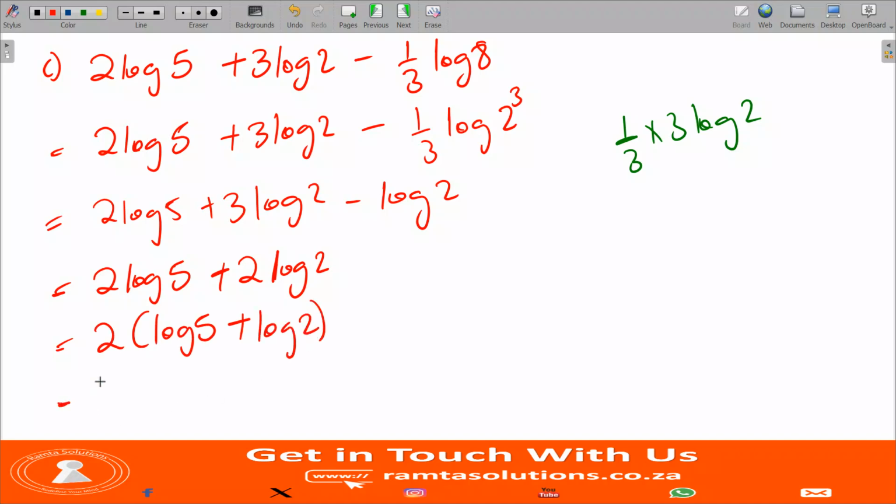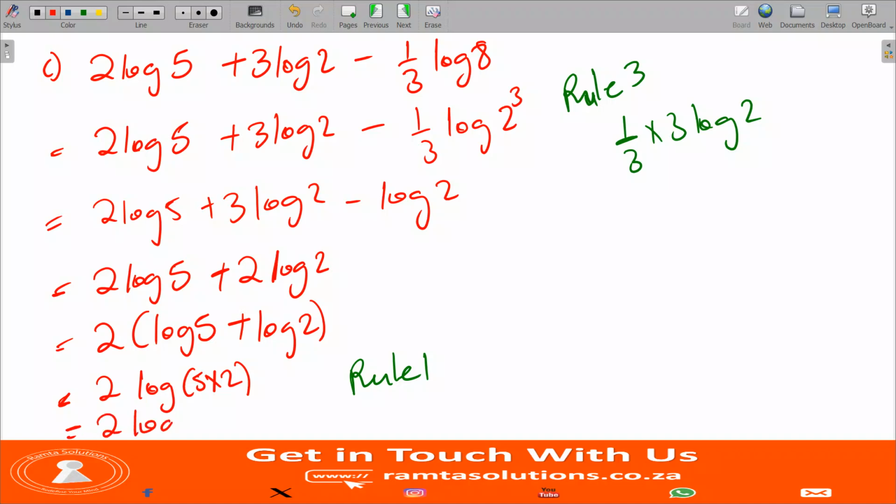Now, do you see that with log 5 plus log 2, we can apply rule 1? Remember, here we applied rule 3, for this one in particular. Now we apply rule 1, so it will become log of 5 times 2. This then becomes 2 log 10.